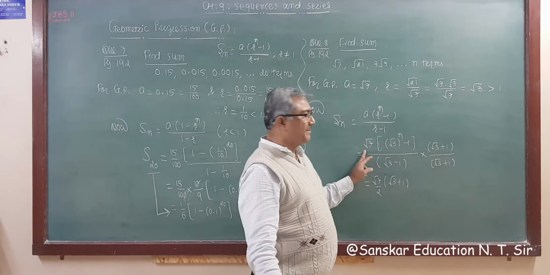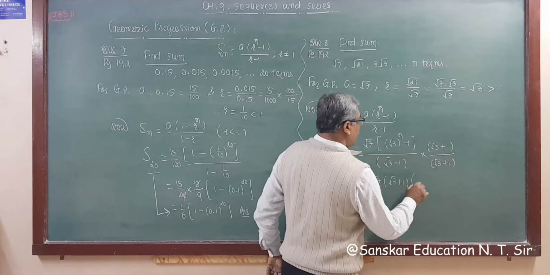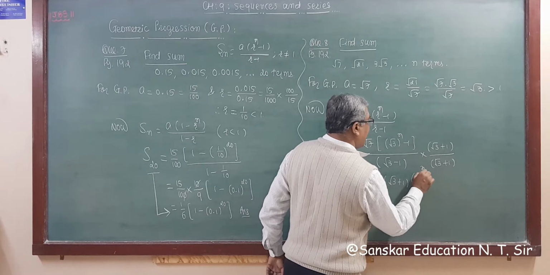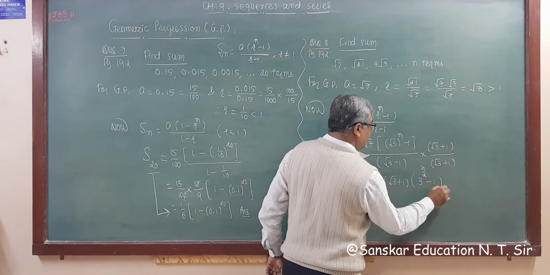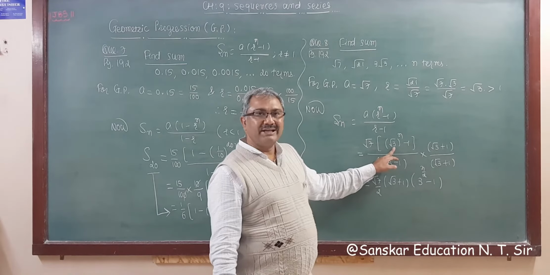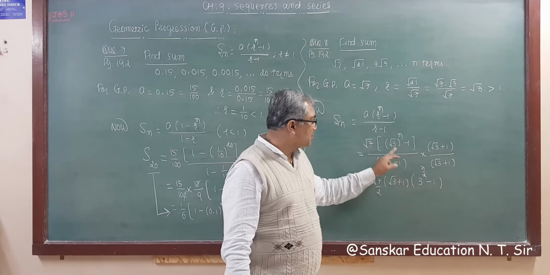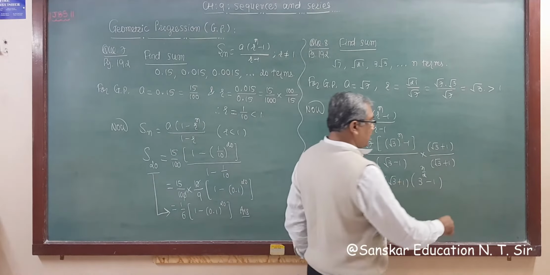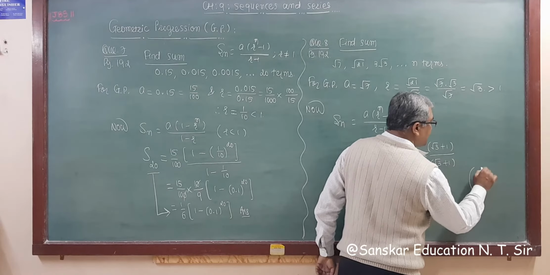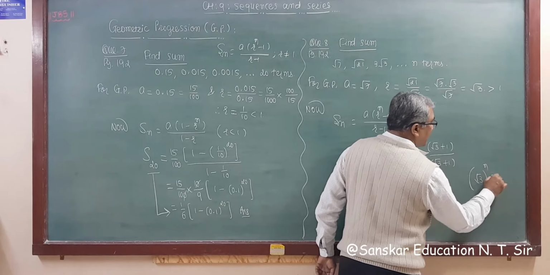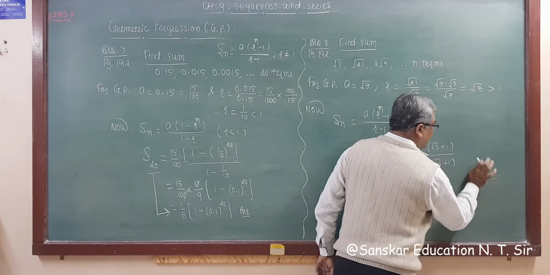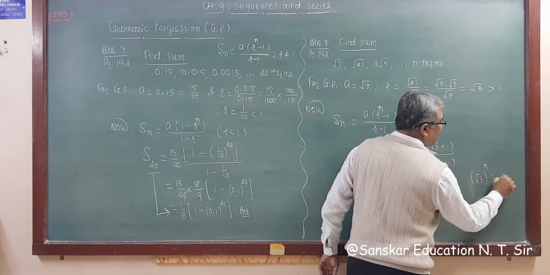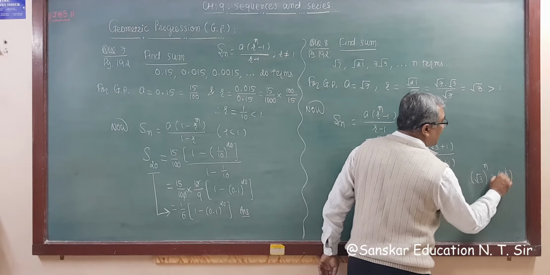Root 3 plus 1, I am writing this first, into 3 raised to n by 2 minus 1. Because root 3 is power half. So 3 raised to 1 upon 2, power n, is n by 2. It will be like this: root 3 raised to n is 3 raised to half, whole raised to n.